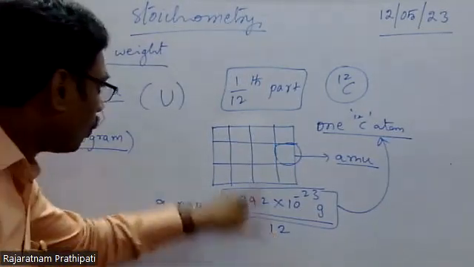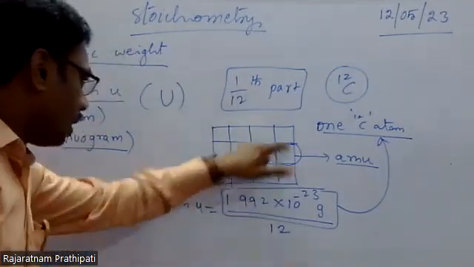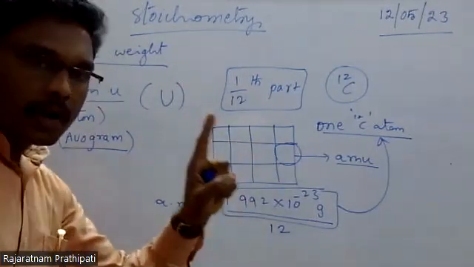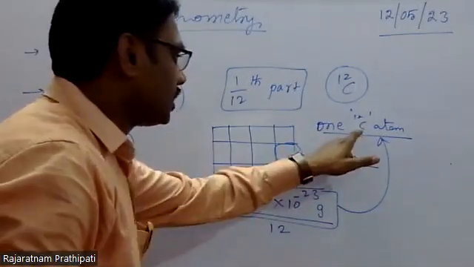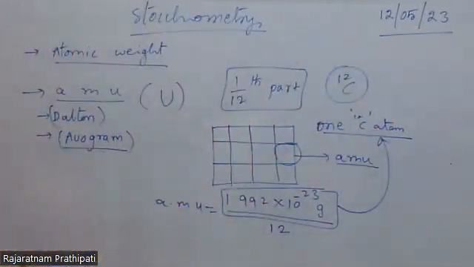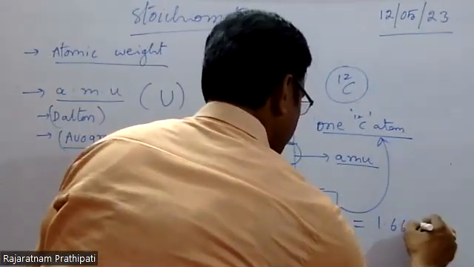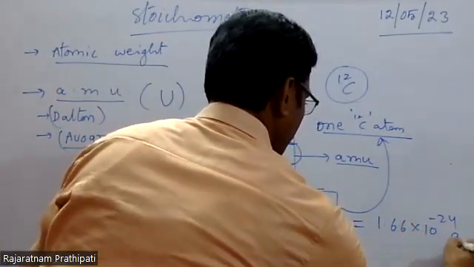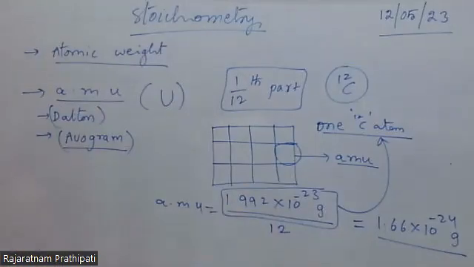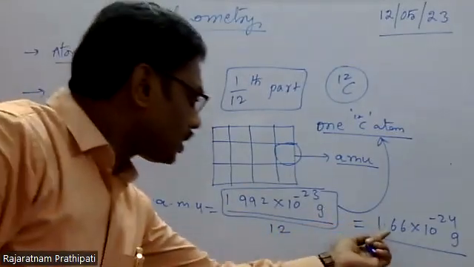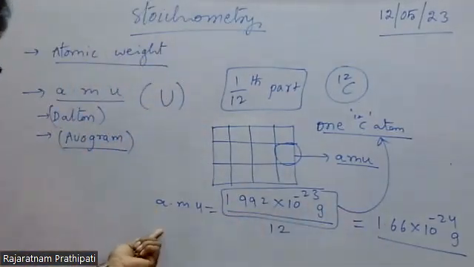AMU is equal to 1 by 12th part of the total mass of one atom of C12 isotope. The value is equal to 1.66 into 10 to the power minus 24 grams. So this is called AMU.